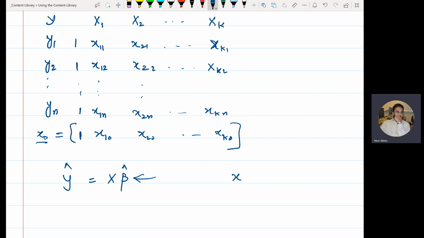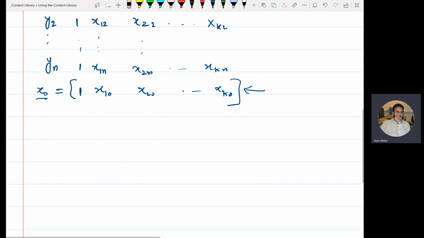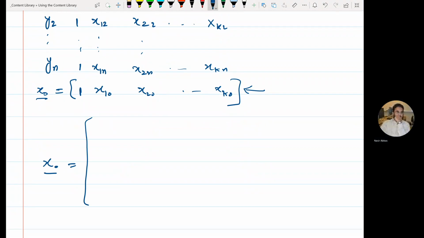Clear? But there is one tiny problem of notation here. Usually in the literature, they call this a vector, but this is not a vector, it's a row. And usually vectors are denoted by a column. So, just to be consistent with the notation, which is not necessary but is what your book uses, we define X naught to be a column vector: 1, X1 naught, X2 naught, all the way up to XK naught.